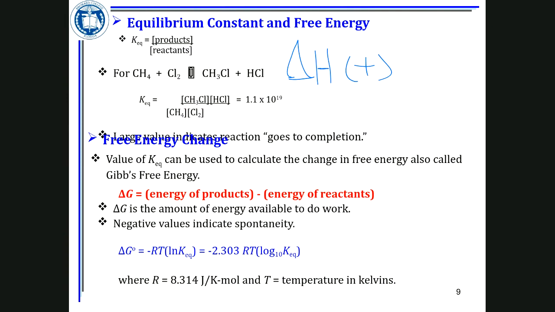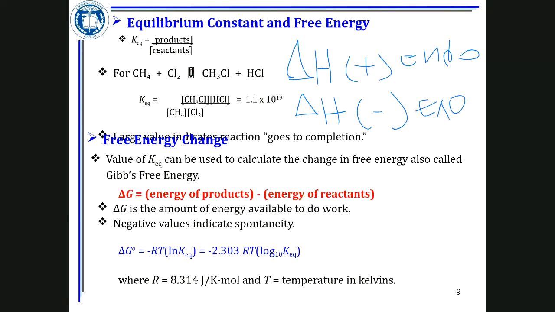A negative value for delta H means that this reaction is an exothermic reaction. Heat has been released or heat has been absorbed. For an endothermic reaction, heat has been absorbed. For an exothermic reaction, heat has been released.